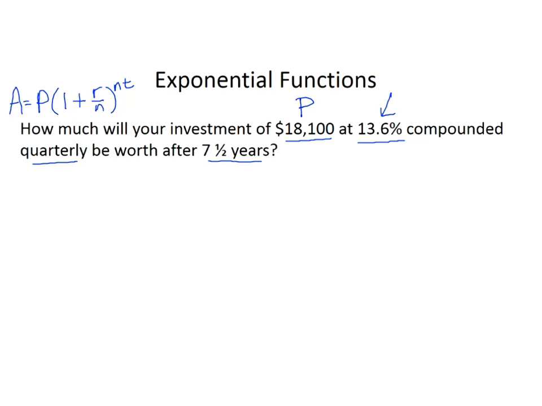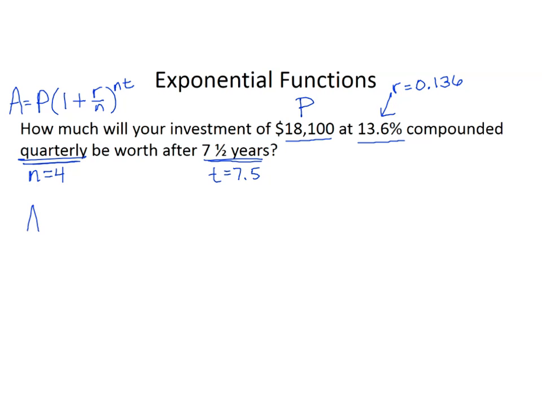This is my rate, so my rate would be 0.136. It's compounded quarterly, which means every quarter. There are 4 quarters in a year, so it's compounded 4 times per year. And we're going to look at it for 7.5 years, which means my t is going to be 7.5.